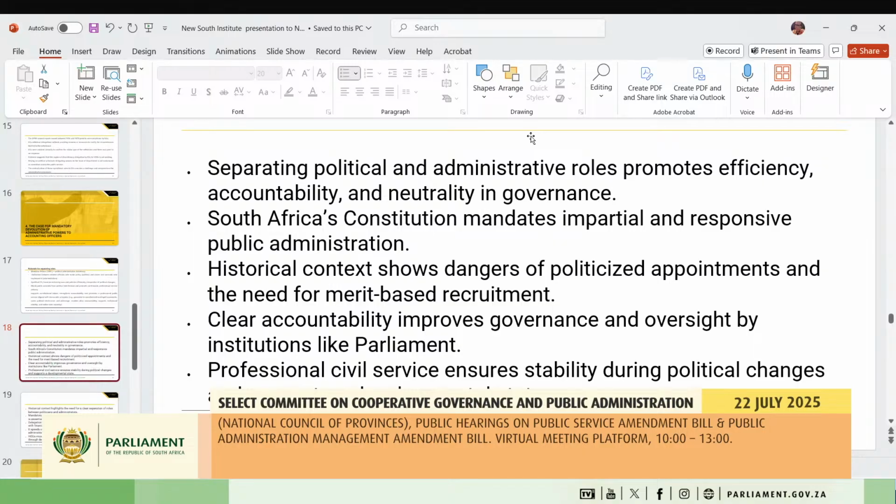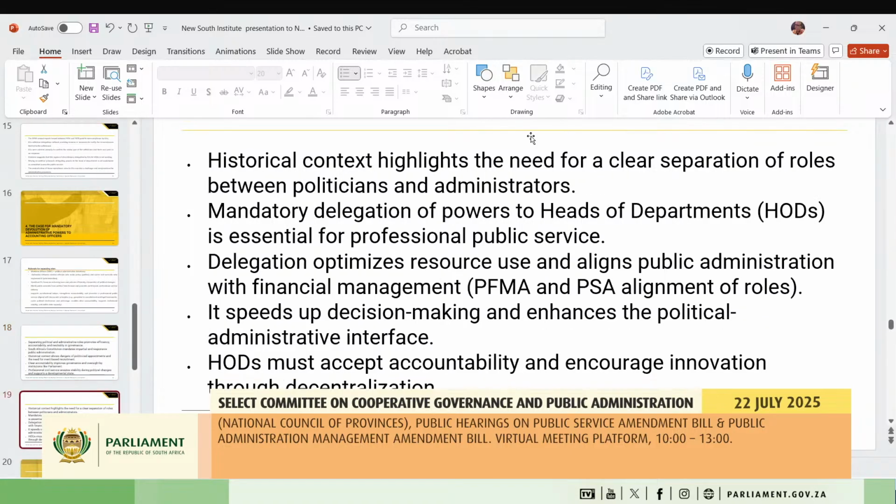The historical context also shows dangers of politicized appointments and the need for merit-based recruitment. Clear accountability improves governance oversight by institutions like Parliament, and professional civil servants ensure stability during political changes and support a developmental state. Politicians come and go, but it's assumed that civil servants are the ones who remain in the system for continuity purposes as well.